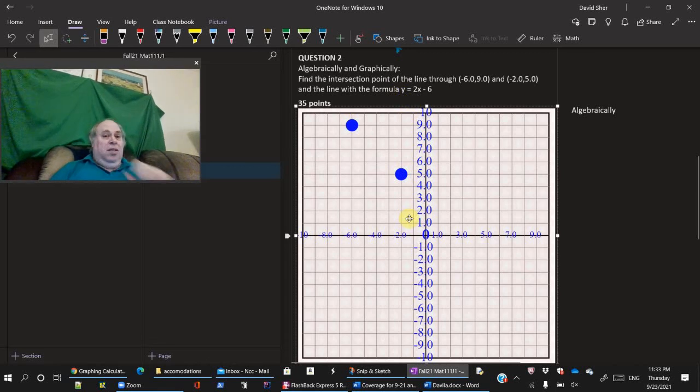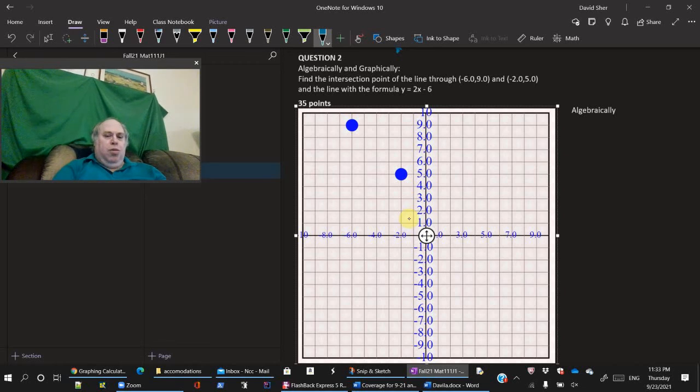Now, the first part is like question 1. We're going to find the slope of the line, and then we're going to draw the line, because graphically, it's just a matter of drawing the line. To do that, I'm going to make a corner point right here, and we're going to go from this point down.